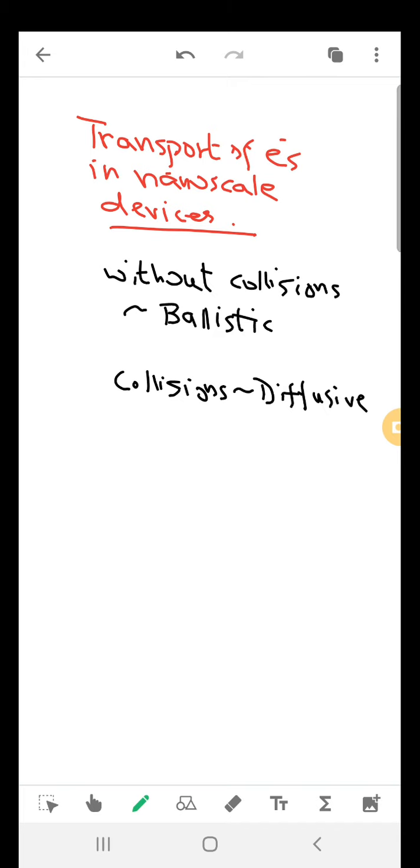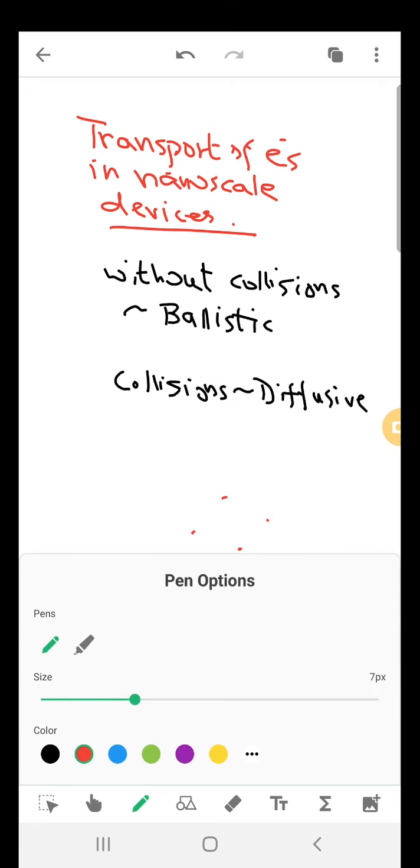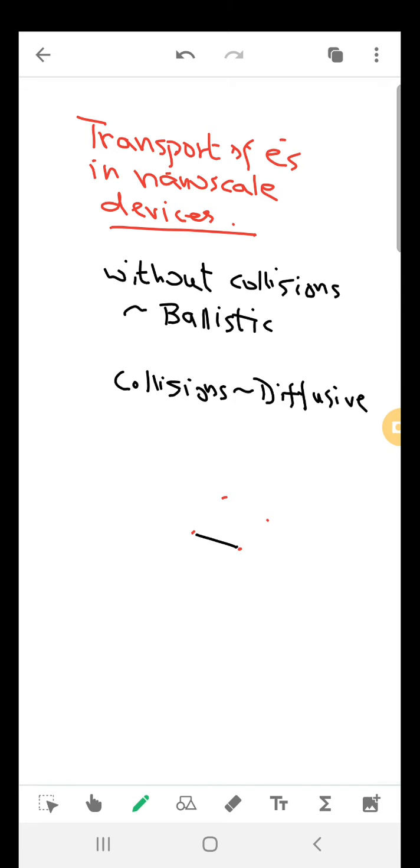Now, if the electron moves in a material along different paths like that, then the distance traveled by the electron between two collisions, these deviations from linearity, are indicating collisions.